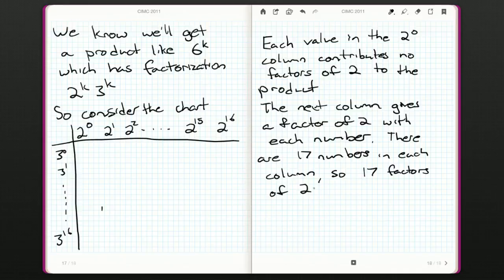There's one for the 3 to the 0, and a second one for 3 to the 2, all the way up to 3 to the 16. So how many numbers are there from 0 to 16 inclusive? There are 17 numbers. So there will be 17 numbers in this second column, each of them having a single factor of 2. So we get 17 factors of 2.